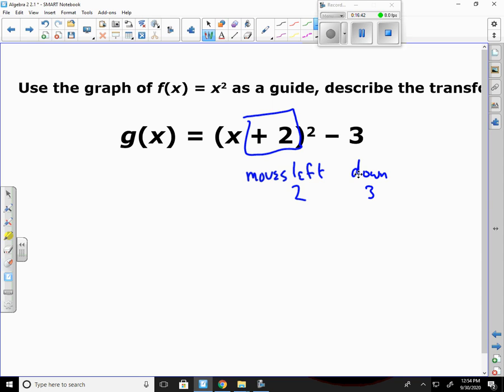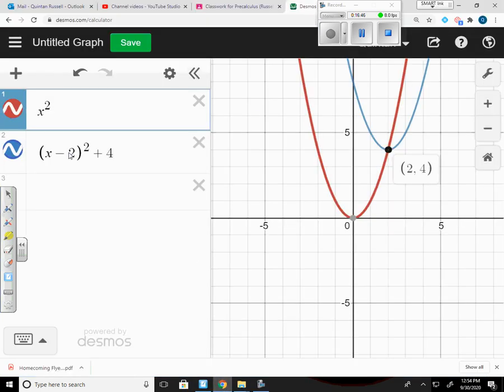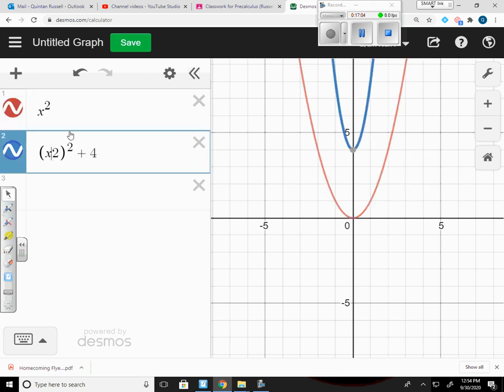If we need to graph that, we can absolutely do that. Plus 2, and this was minus 3.